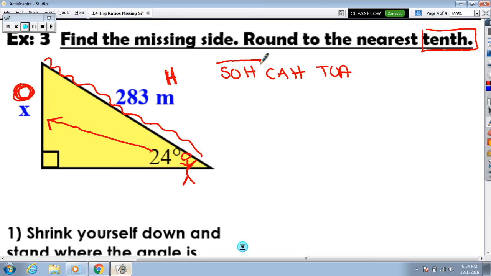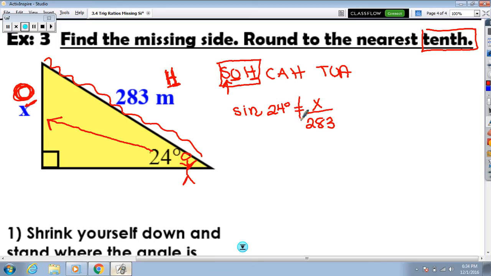Very good. We are using sine because we have h and o, opposite and hypotenuse, and those are found in the sine function. So sine of, what's my angle? 24 degrees equals, what is opposite? X over, what is hypotenuse?